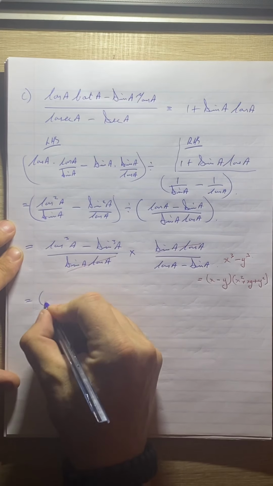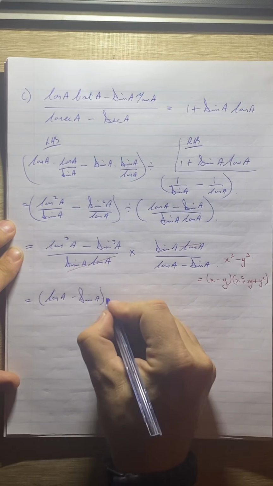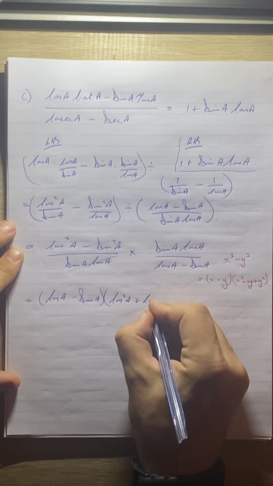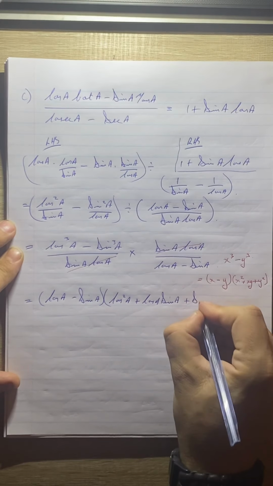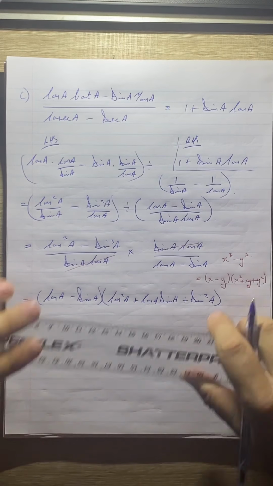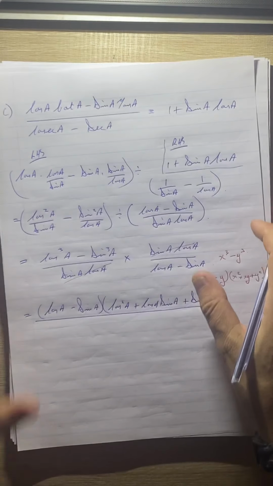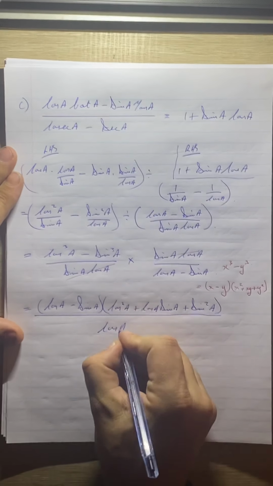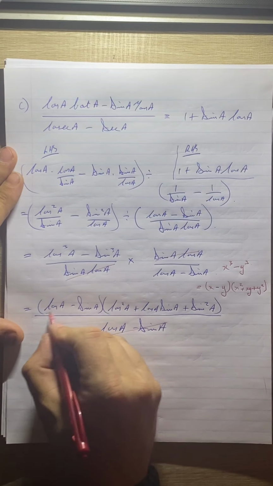So that x there will become cos A minus sine A. And then we're left with cos squared A plus cos A sine A plus sine squared A, all over cos A minus sine A. So this will cancel with that.